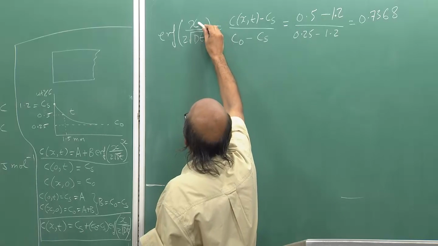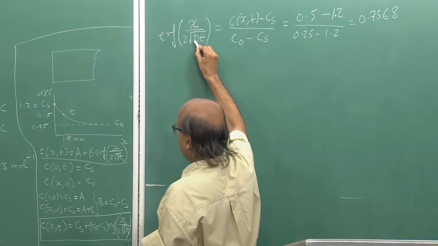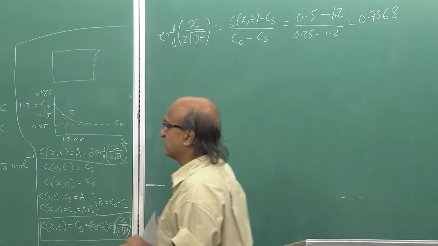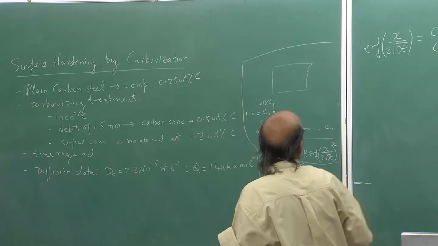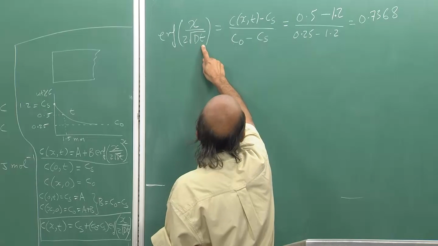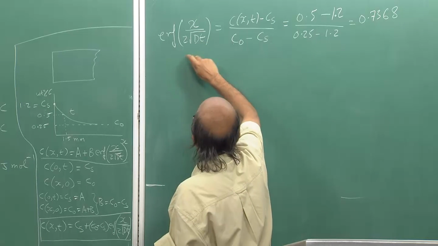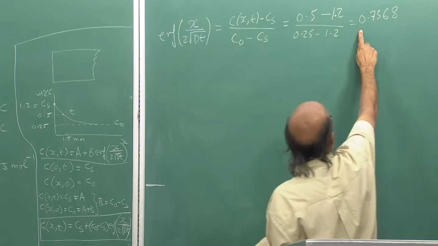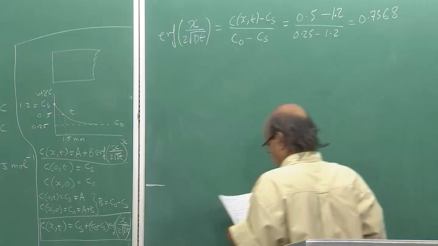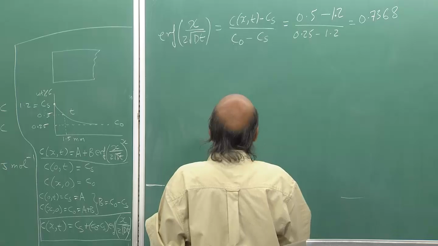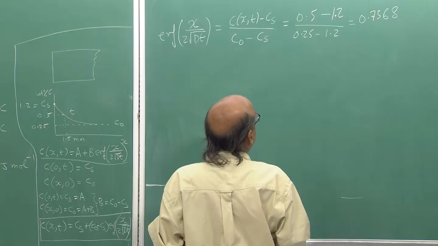In this, if I know x and I can find D from the data given from D0 and Q, I should be able to find time such that the error function of this quantity should be equal to 0.7368. Now, how to do this?